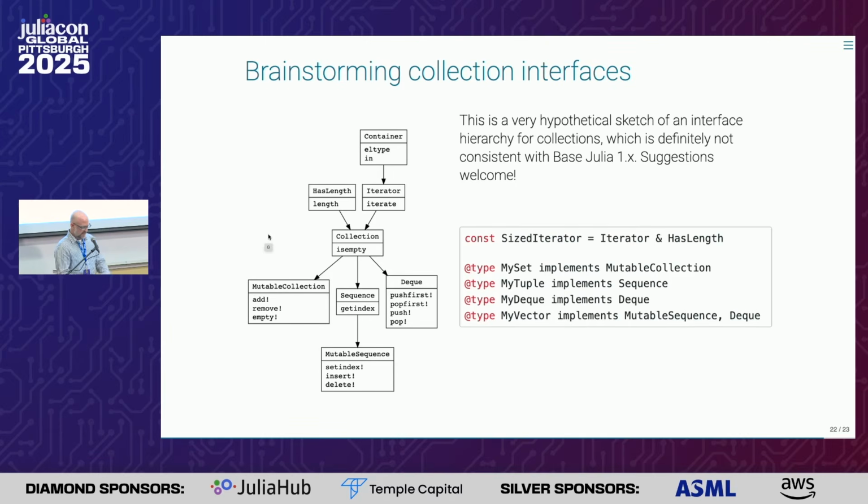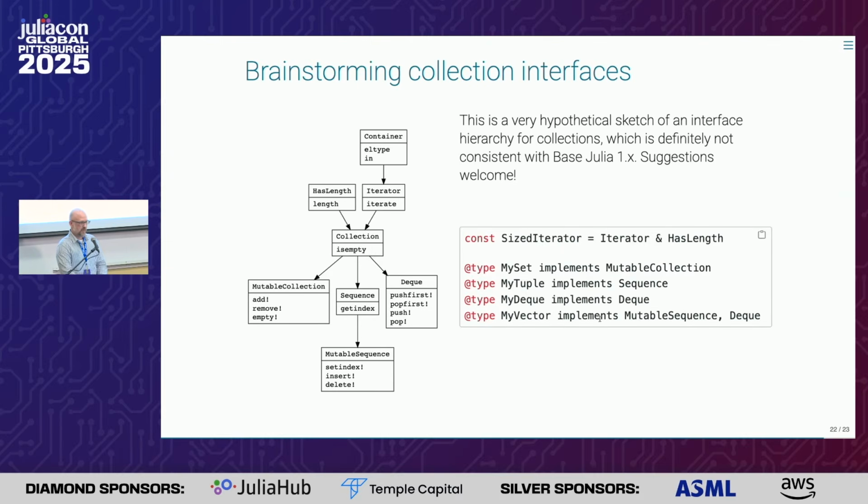You also might want to add some other things to the collection interface like getIndex. So we have a sequence interface. This is immutable sequence. The sequence interface is for immutable sequences. So if you want a mutable sequence, then you extend that interface even further to the mutable sequence interface, which adds the setIndex, insert, and delete methods. You could also extend collection to a dequeue with push first, pop first, and push and pop.